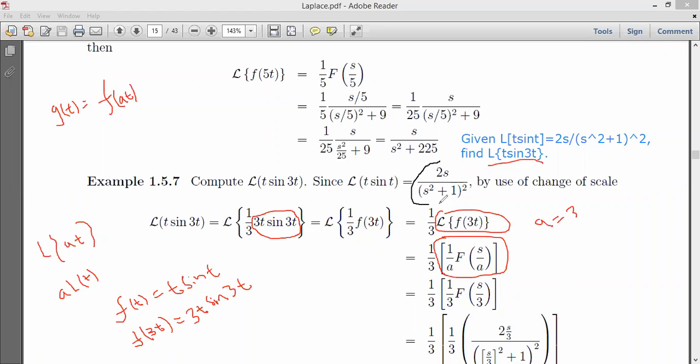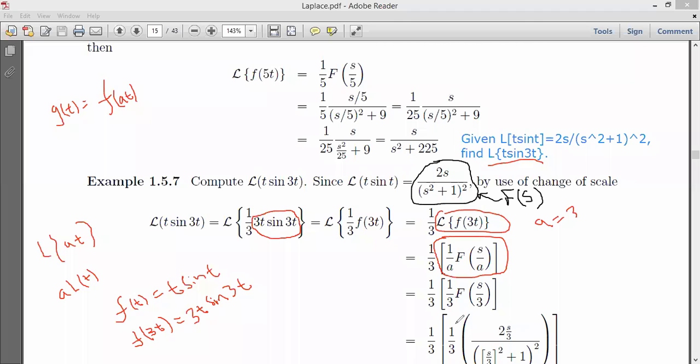This here is our F of s. Hopefully we are clear there.